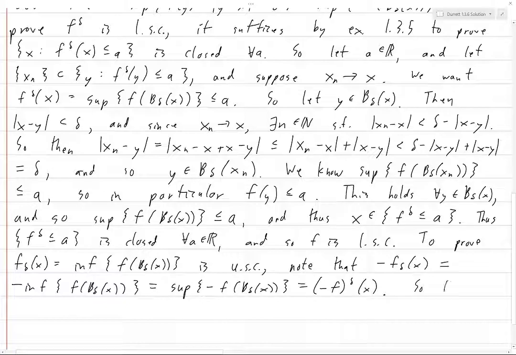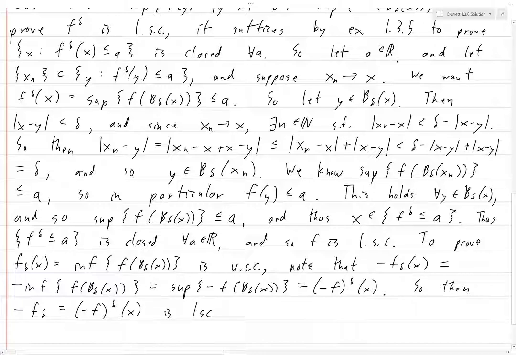Okay, so let me write this out. And so minus f lower delta, minus f of this thing, is lower semi-continuous.